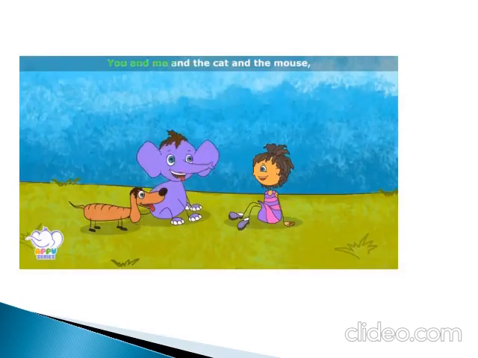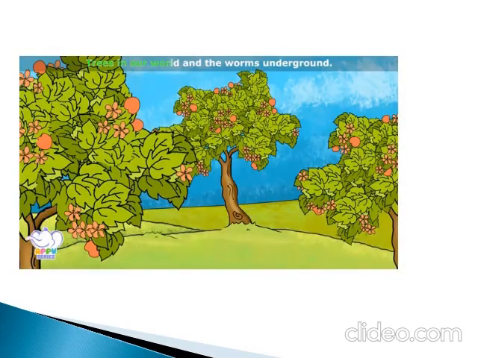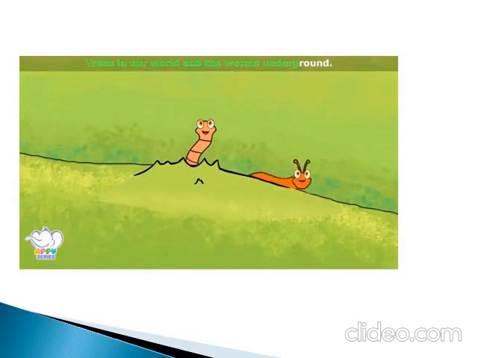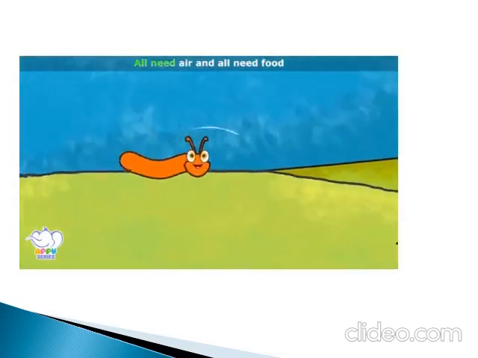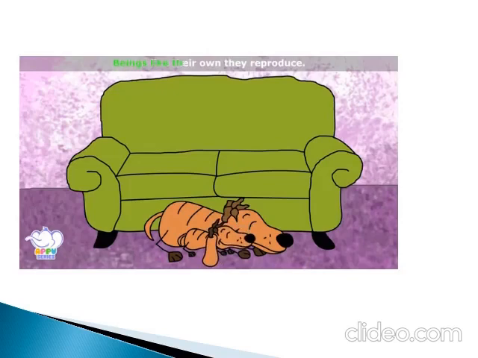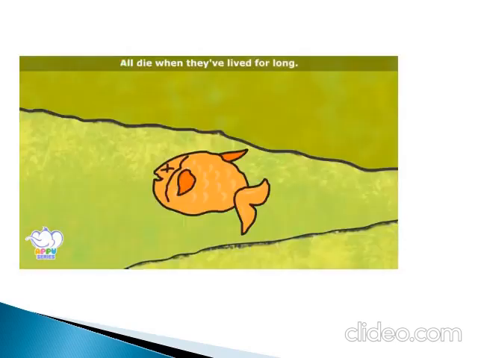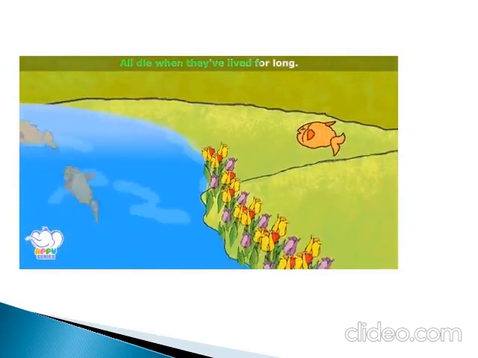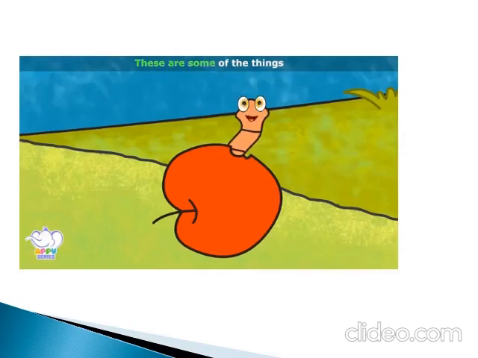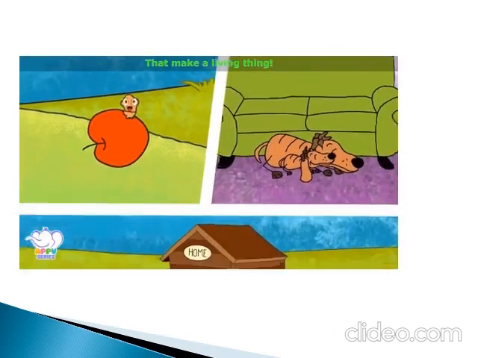You and me and the cat and the mouse, trees in our world and the worms underground, all need air and all need food. Beings like their own, they reproduce. They have their own special homes, all die when they lived for long. These are some of the things that make a living thing.